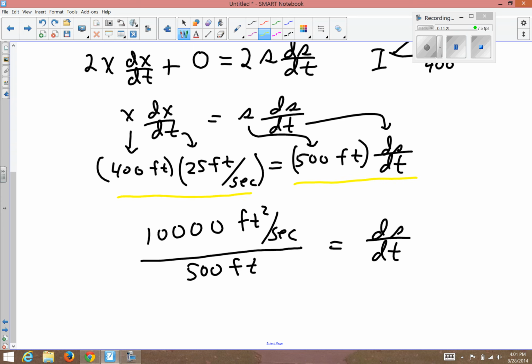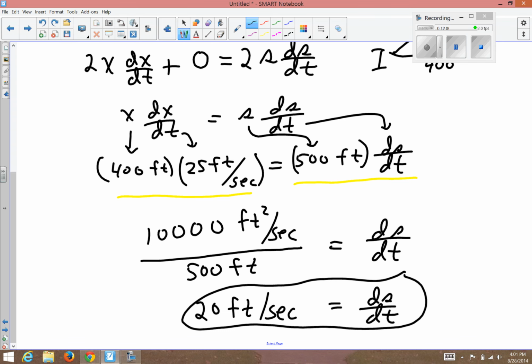On this side, we have 10,000 divided by 500, which is 20. And up here, there's square feet, and down here, there's feet. So we have canceling. We still have a feet. We still have per second. So this simplifies to 20 feet per second. Copy this down, and we're done. That's the rate at which she's letting the string out.